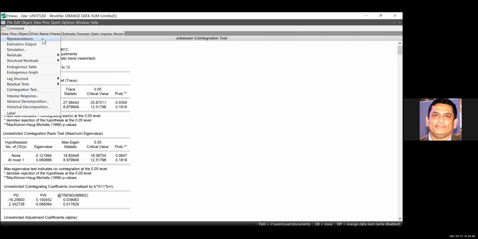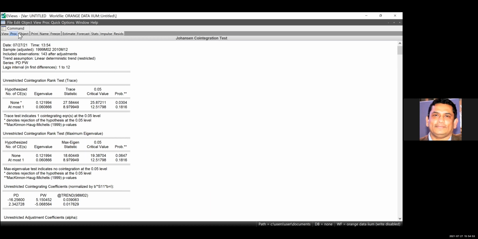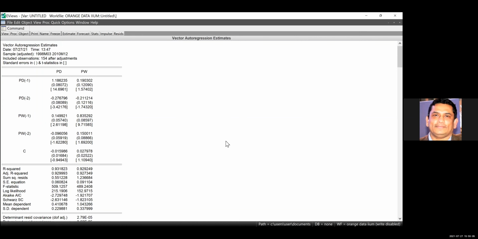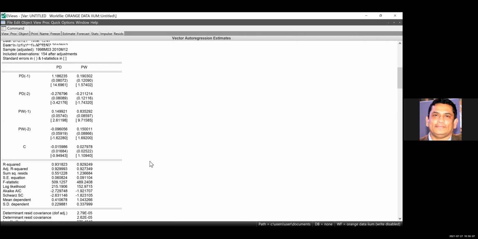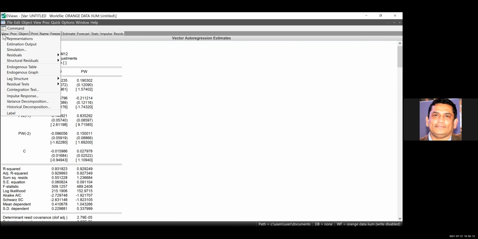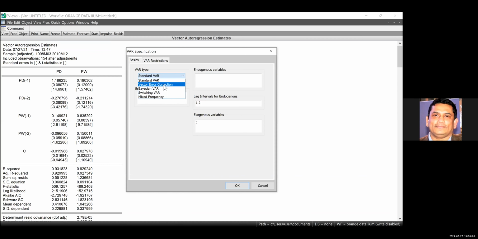And then we move on and estimate the vector error correction model. So we assured that these two variables are cointegrated. And then we move to the vector error correction, because we already know that there is a cointegration relationship.